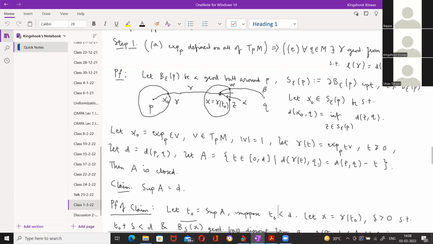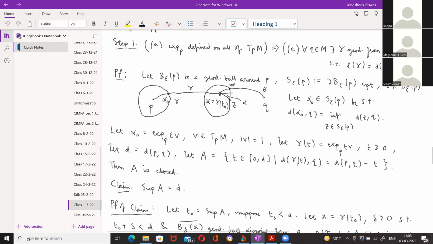Note that this is the fastest possible decrease of the distance because the distance function is 1-Lipschitz in each variable. That just follows from the triangle inequality, right? The distance function in any metric space is always 1-Lipschitz: if I fix Q, then as a function of the first variable it is 1-Lipschitz by the triangle inequality.